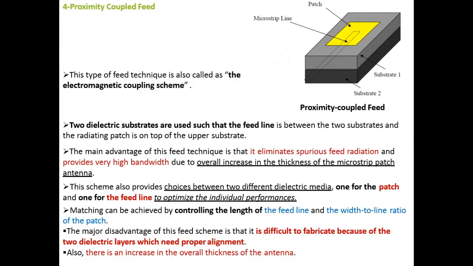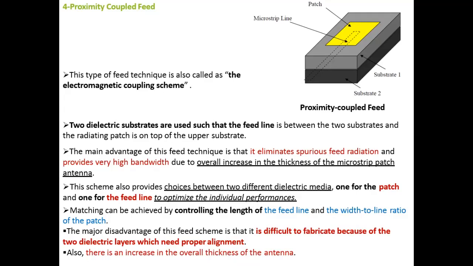The main advantage of this feed technique is that it eliminates spurious radiation and provides very high bandwidth due to the overall increase in the thickness of the microstrip patch antenna. This scheme also provides a choice between two different dielectric media, one for the patch and one for the feed line, to optimize the individual performance. Matching can be achieved by controlling the length of the feed line and the width to line ratio of the patch.